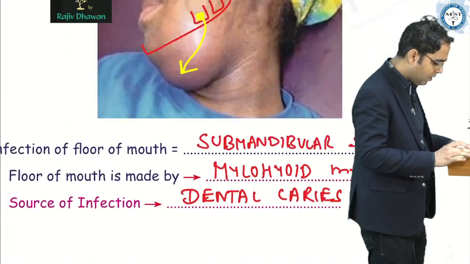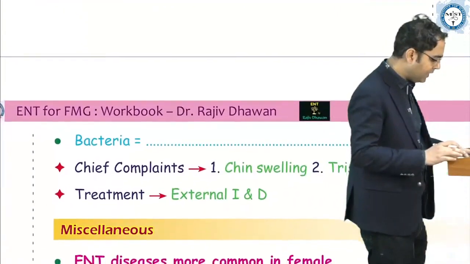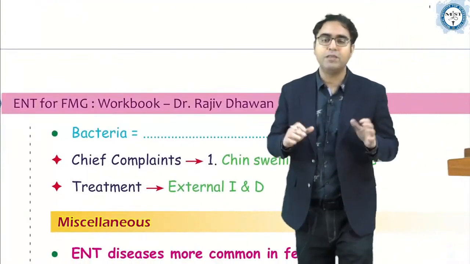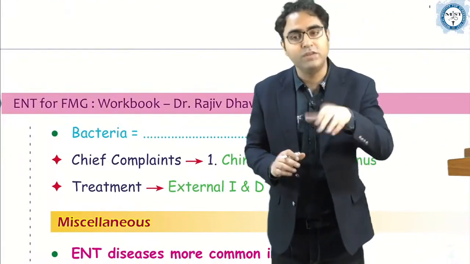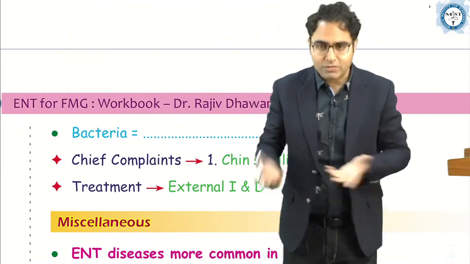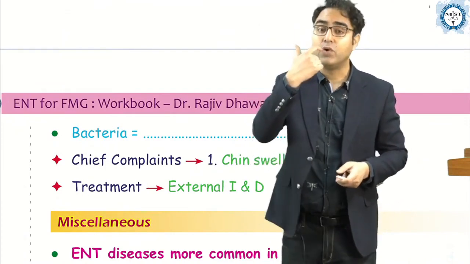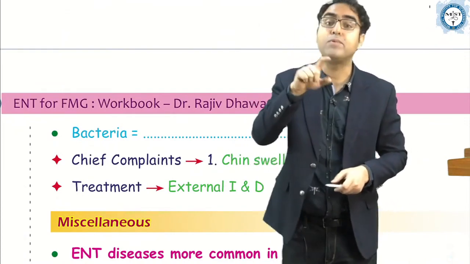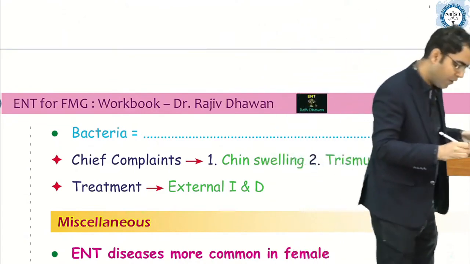Okay, now, next, bacteria. Which is the bacteria causing it? Guys, wherever the bacteria comes, don't write only Staph aureus. No. Every bacteria is not Staph aureus. Oral bacteria, not skin, oral bacteria, Streptococcus. Microbiology question.